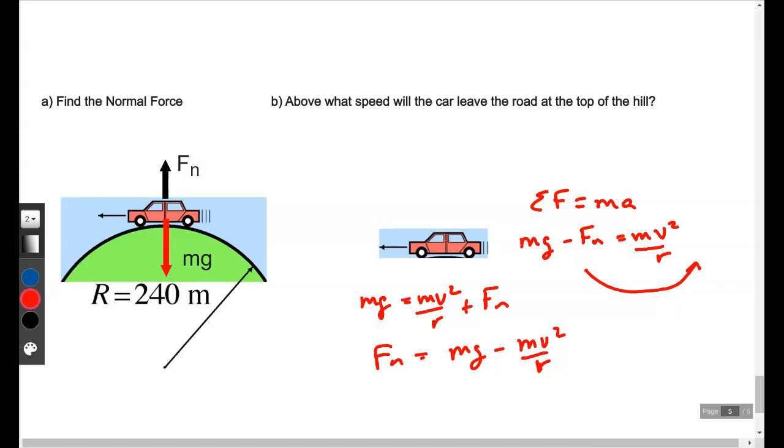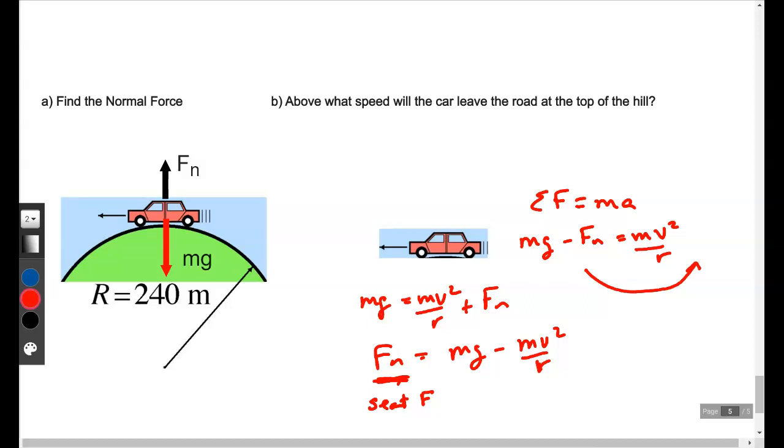So if you go over a hill really fast, don't you feel a little lighter? You feel like the normal force would be the seat's force on you. If you've gone over a hill very fast, you can actually go over it so fast that you just don't feel any weight at all. You don't feel any pressure from the seat.